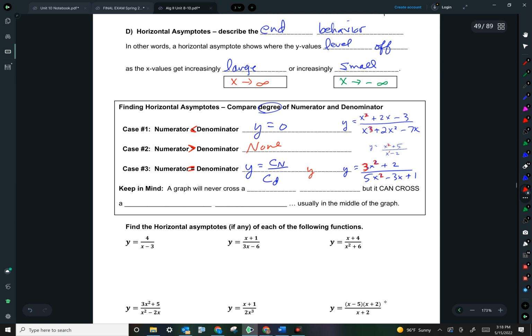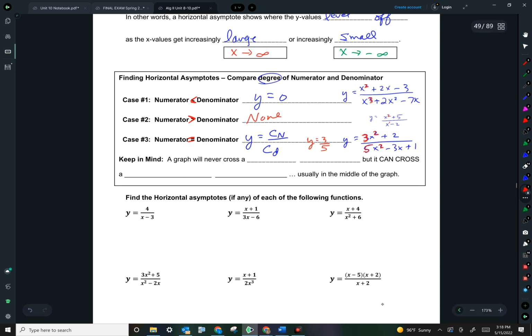Remember, the leading coefficient is out in front of that highest degree. The coefficient from the denominator is 5. So the horizontal asymptote would be 3/5.